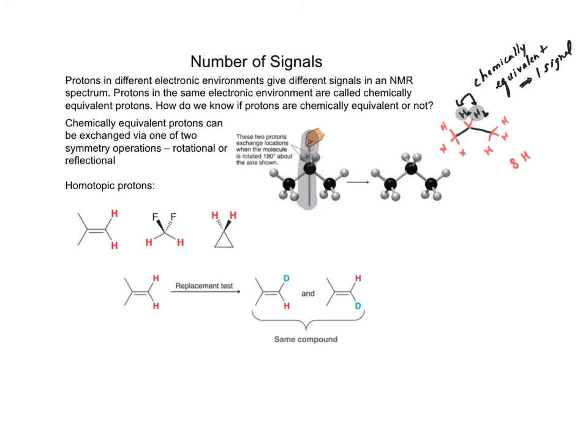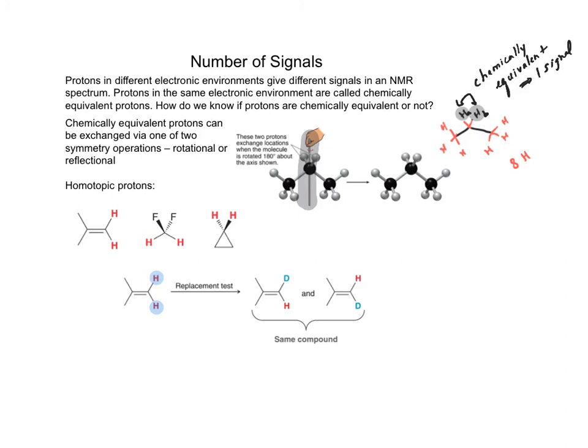One surefire way to determine whether or not protons are homotopic: for example, let's say I had this molecule down here where I was questioning whether or not these protons were chemically equivalent. One easy way is to do what's called a replacement test. In a replacement test, I take one of these protons and replace it with deuterium in one molecule, and in a second molecule, I take the other proton and replace it with deuterium.